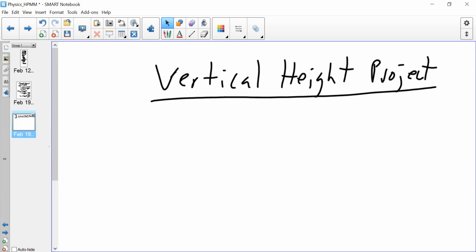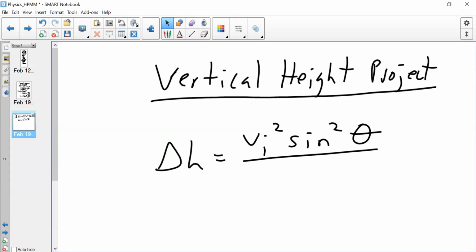We're going to be using this equation, delta H. It's basically delta Y, but since we're saying the word height, we'll just use the variable H. H equals VI squared sine squared theta divided by 2G. This is the equation you're going to use to find your height between the cannon level and the apex.